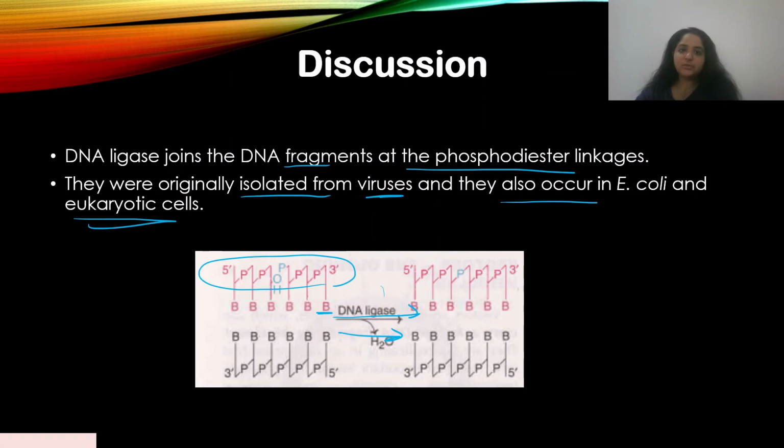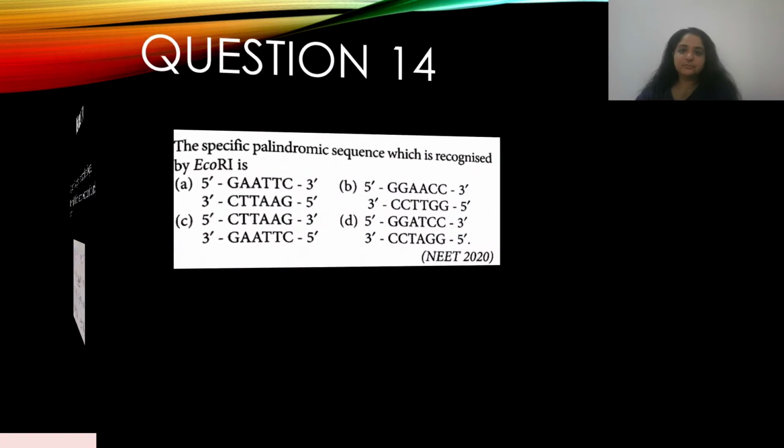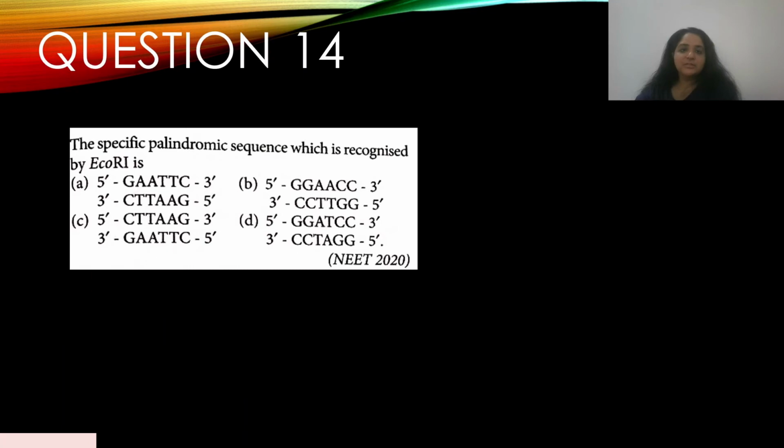Okay, let's move on then. Question number 14. The specific palindromic sequence which is recognized by EcoRI is, and this appeared in NEET 2020, A, GAATTC; GGAACC; CTTAG; GGATCC. Okay, so the specific palindromic sequence recognized by EcoRI is GAATTC.